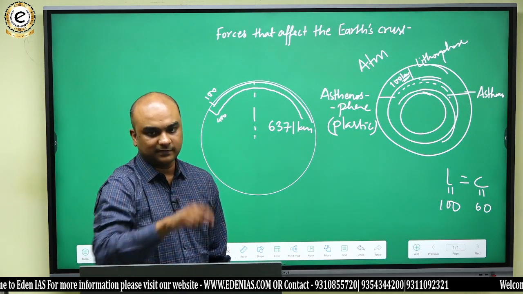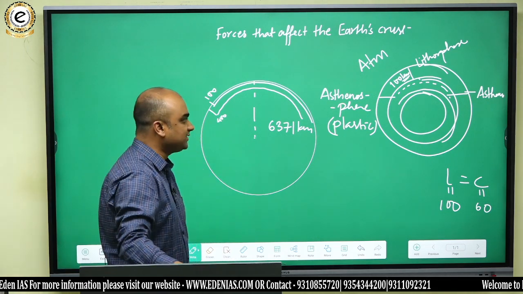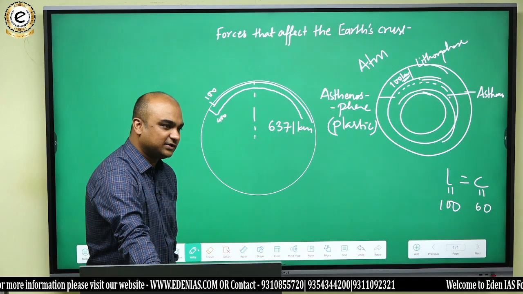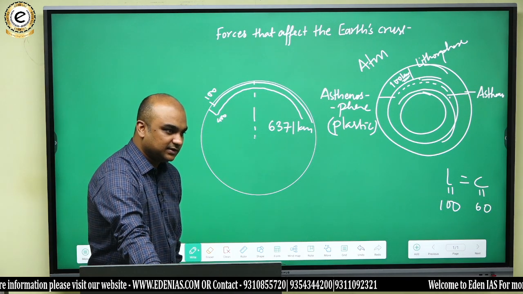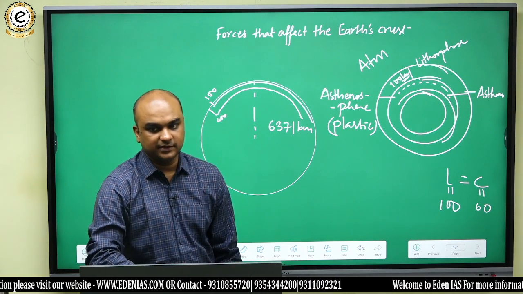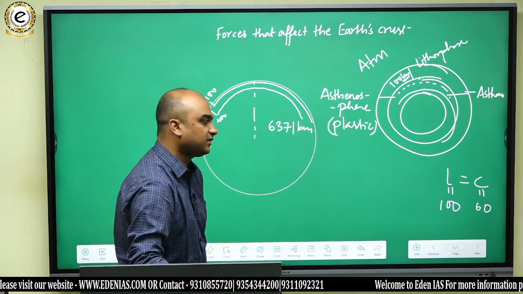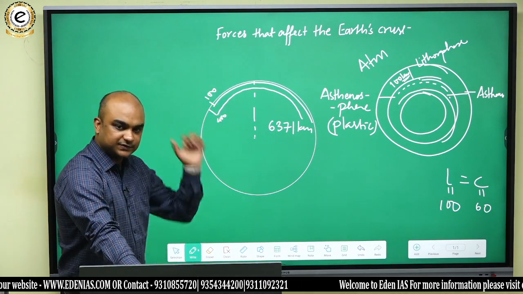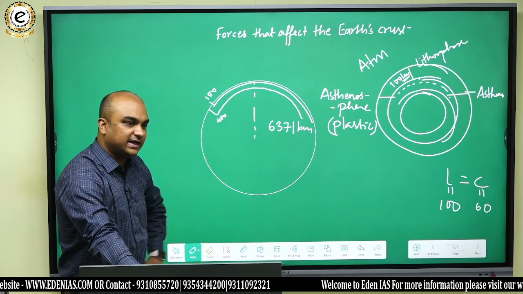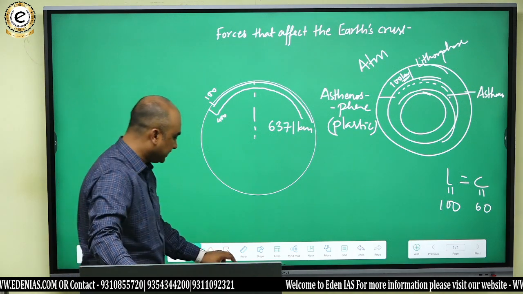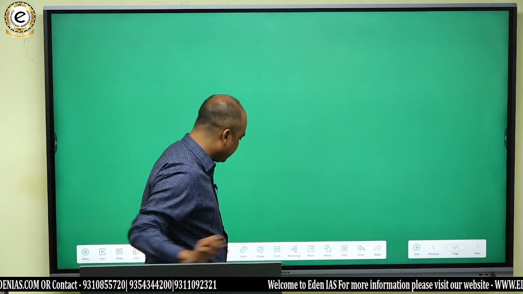Right? Put a full stop and write the average depth of asthenosphere is 400 kilometers. Put a full stop. Above the lithosphere lies the atmosphere.